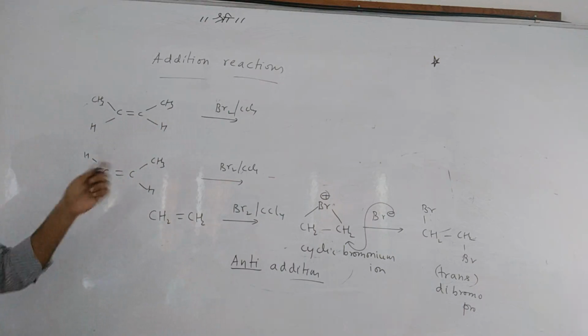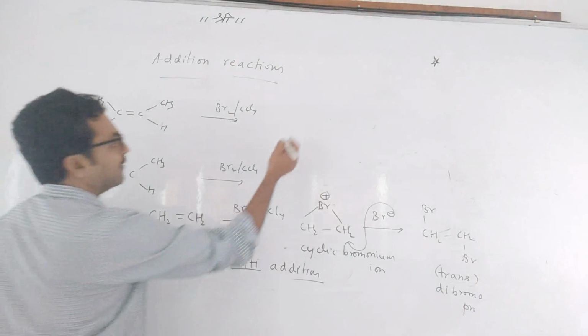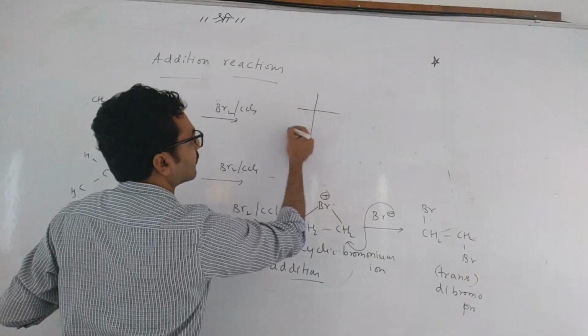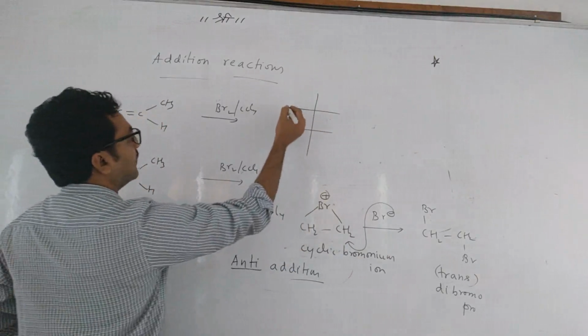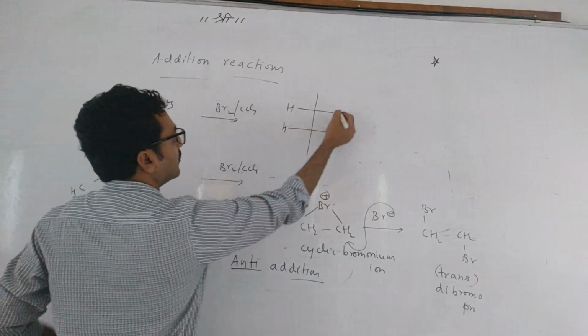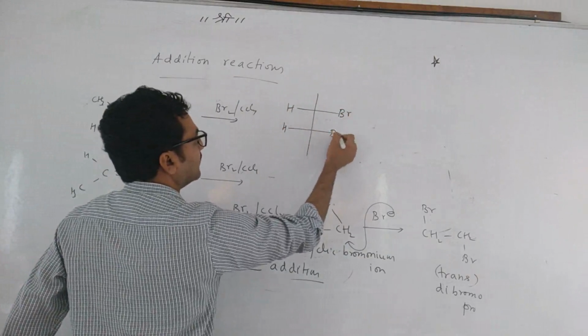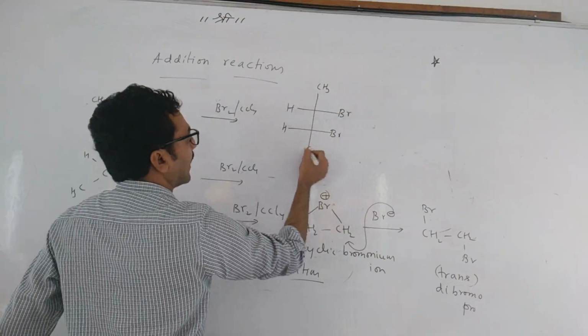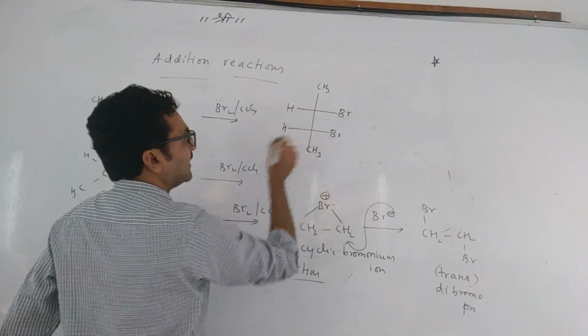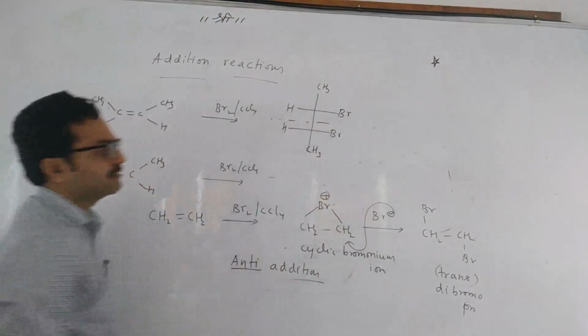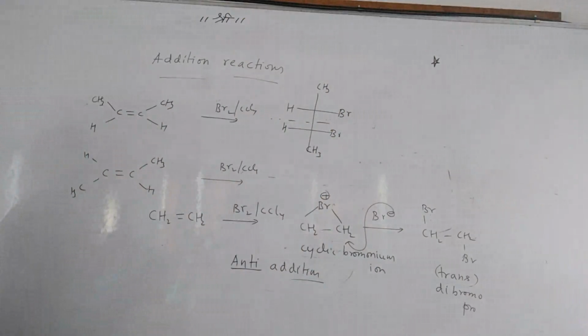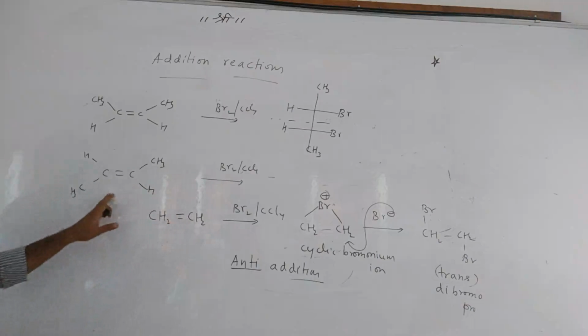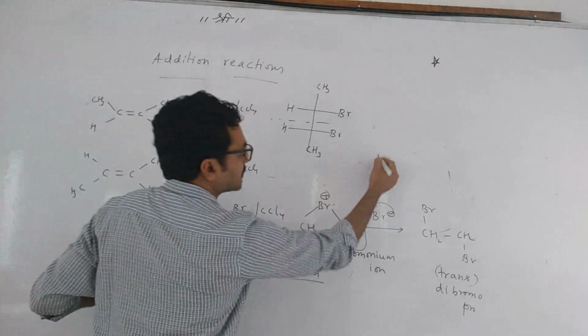But what kind of compound is that? Here a meso compound is formed. Meso means it has a plane of symmetry, correct? And it is optically inactive due to internal compensation. This is a meso compound.